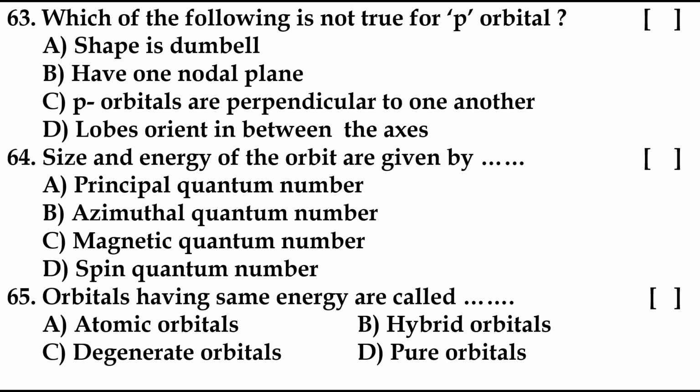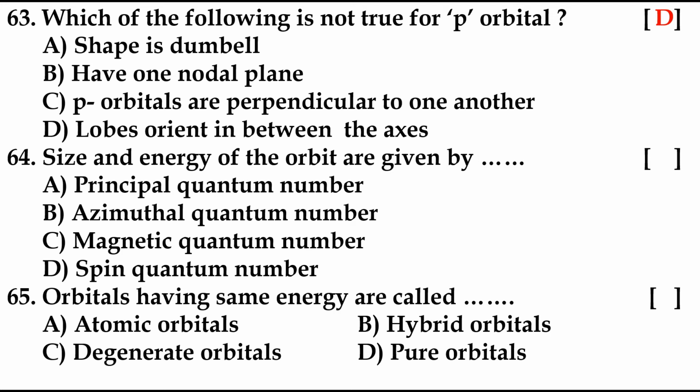Which of the following is not true for p orbital? A. Shape is dumbbell. B. Have one nodal plane. C. P orbitals are perpendicular to one another. D. Lobes orient in between the axes. Answer is D. Lobes orient in between the axes.